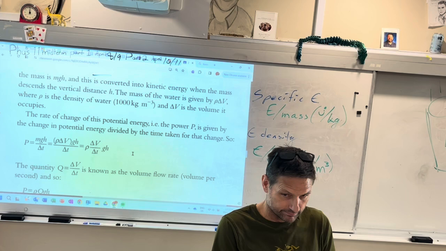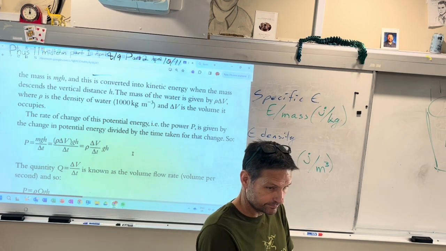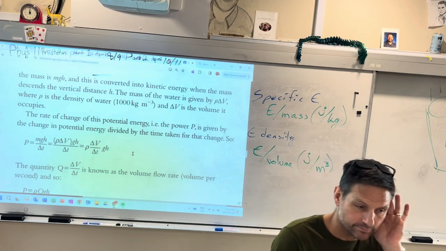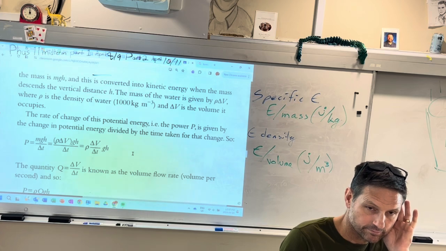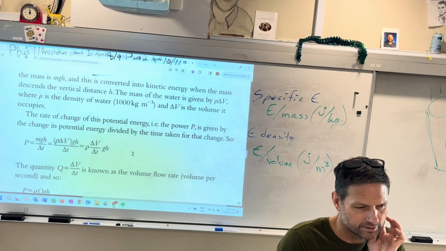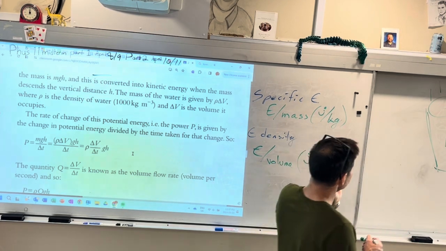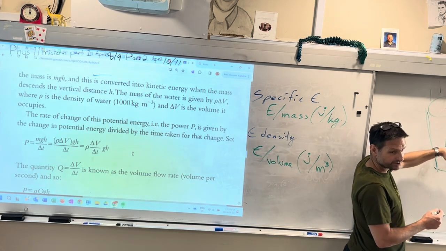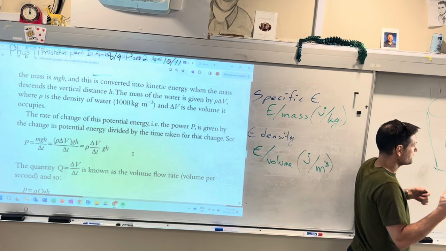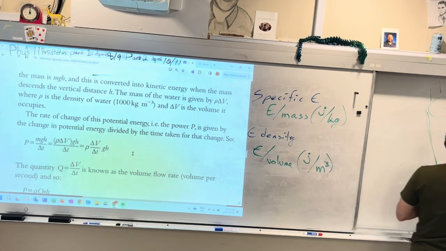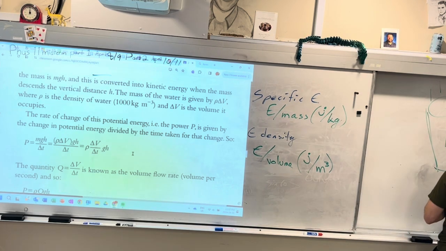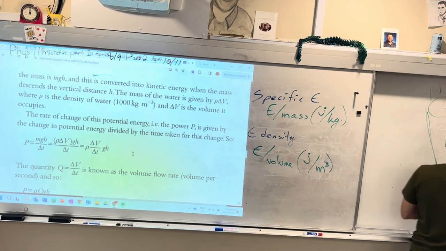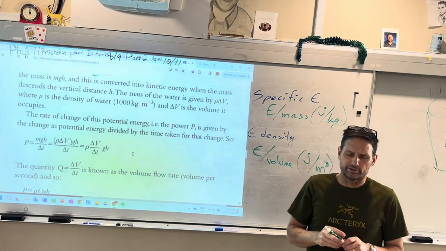Right. How is the mass of the cylinder the density of water? Oh, well, it's the mass of any cylinder is the density of the stuff times the volume of the cylinder, right? So it's just density of water times the volume. So rho is the density, and you have the volume of the cylinder, and then you have gh, and you have over T. What's the volume of a cylinder?